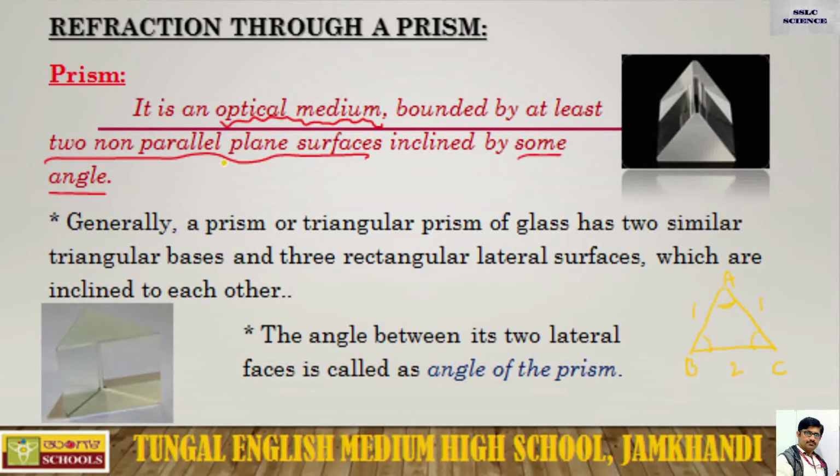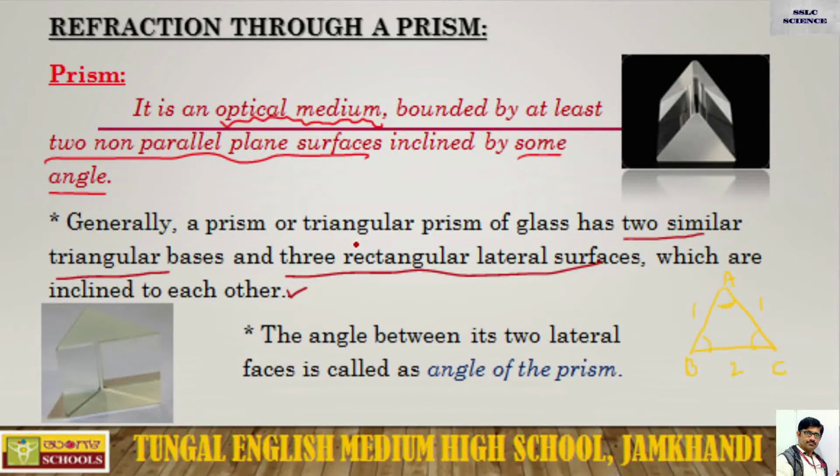Generally, we prefer a triangular prism of glass having two similar triangular bases and three rectangular lateral surfaces which are inclined to each other.